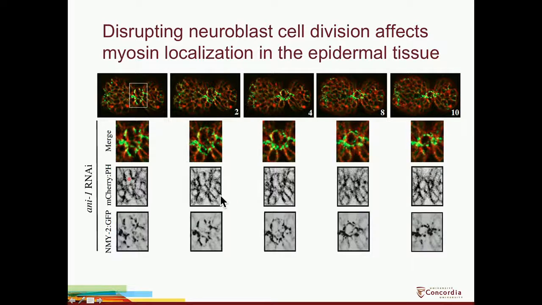Myosin is no longer forming a nice pattern where you see a central vertex, and there are no rosettes. But we also saw this disorganized myosin in the overlying epidermal cells, which was really surprising to us because NE1 is not required for epidermal division. So we think that there could be some non-autonomous effect of the neuroblast tissue on the epidermal tissue, and we're currently investigating this.